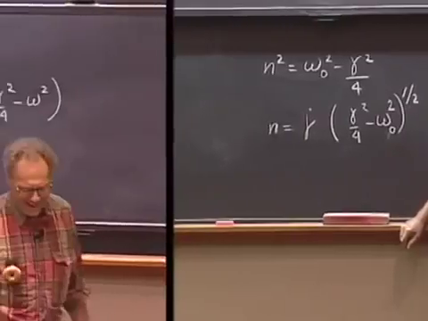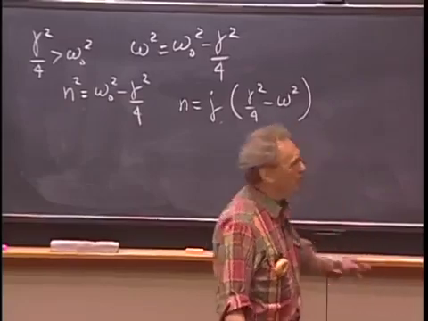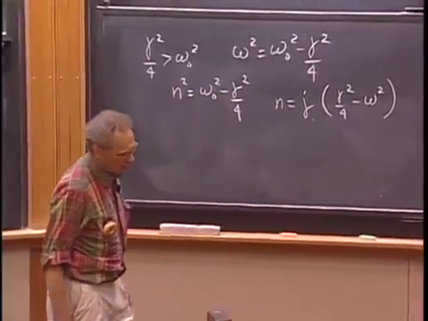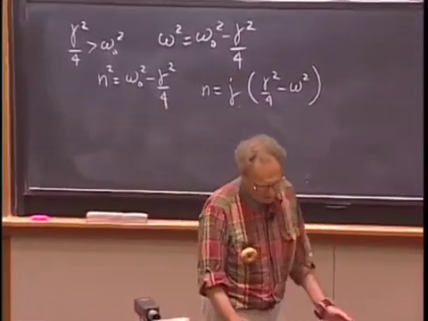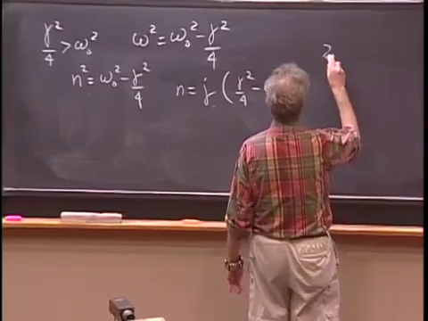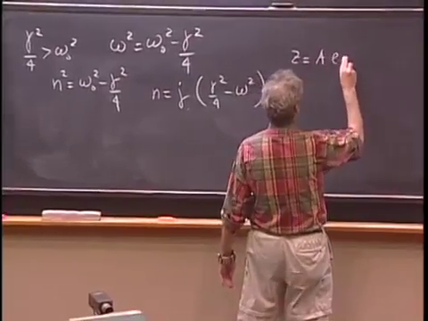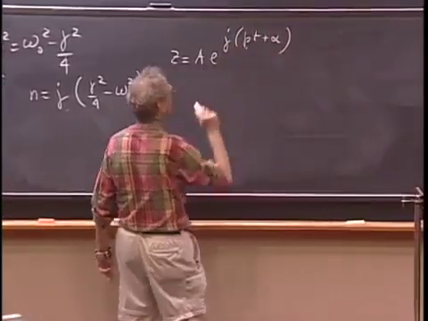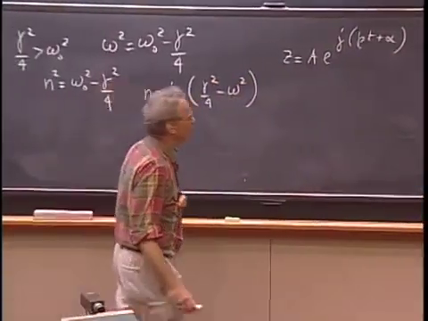If now you substitute this back in the equation that we had earlier, when we had the equation that z was a times e to the power j pt plus alpha, and then p was n plus js, remember?